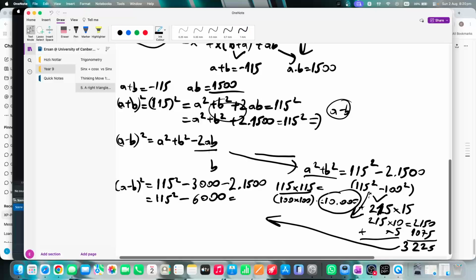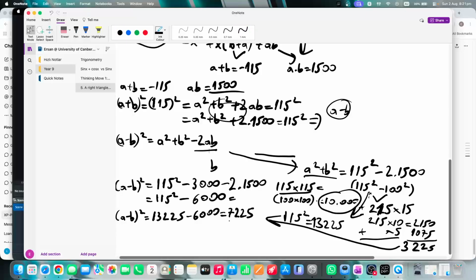If 100 squared is 10,000, then 115 squared is 10,000 plus this value, which is 13,225. So a minus b squared is 13,225 minus 6,000, which gives you 7,225.